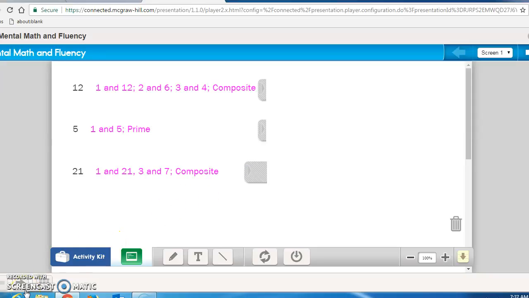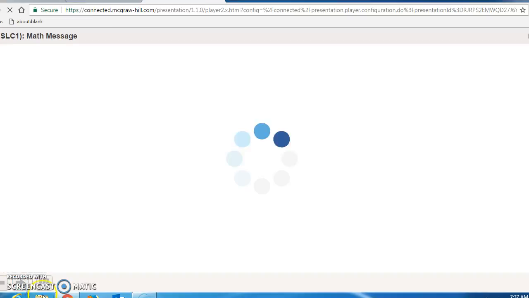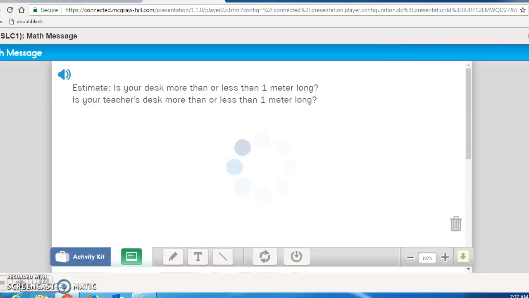Look at the meter sticks that we have in our room. They are over on the 2-drawer file cabinet. Is your desk more than a meter long or less than a meter long? You shouldn't actually have to go measure it. You should be able to tell by looking at it. Your desk is less than a meter long.